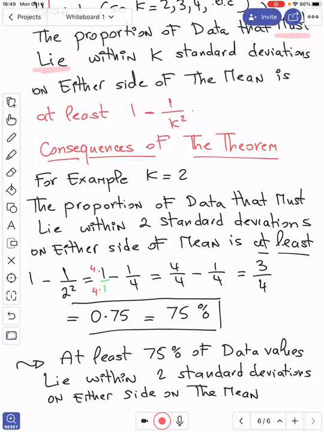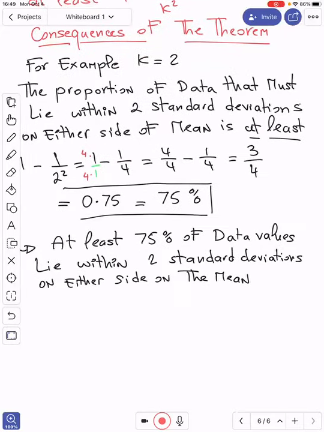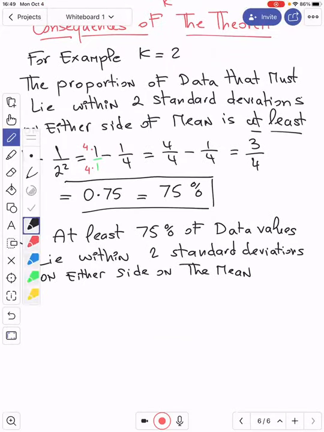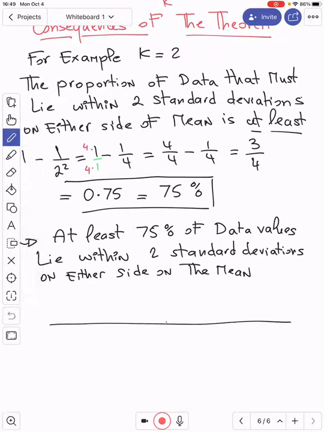So what do we mean by 2 standard deviations on either side of the mean? You have your number line, and here is your mean, X bar. On the right side, if you are away 2 standard deviations from the mean, this would be X bar plus 2 times the standard deviation.